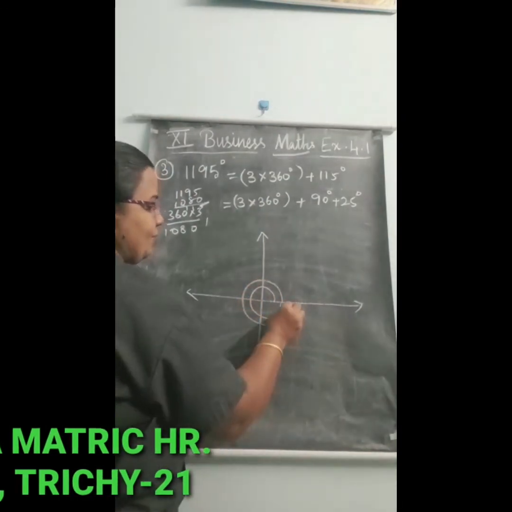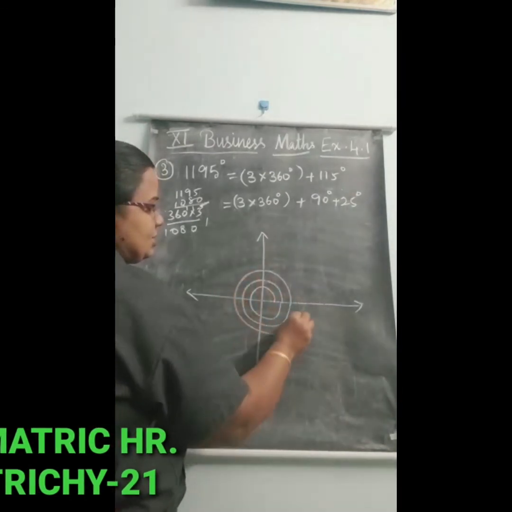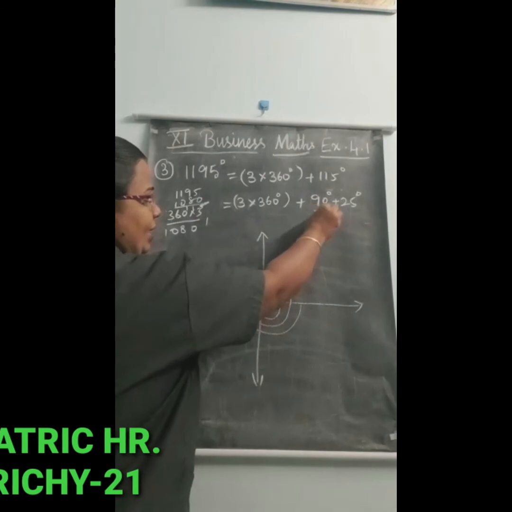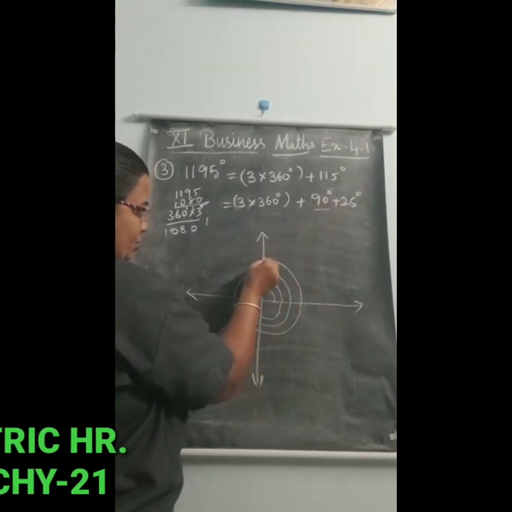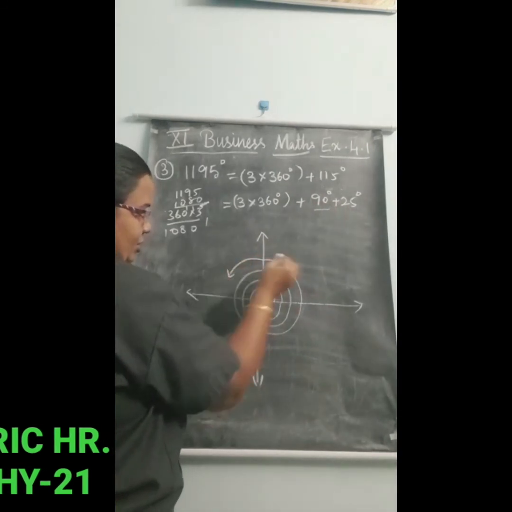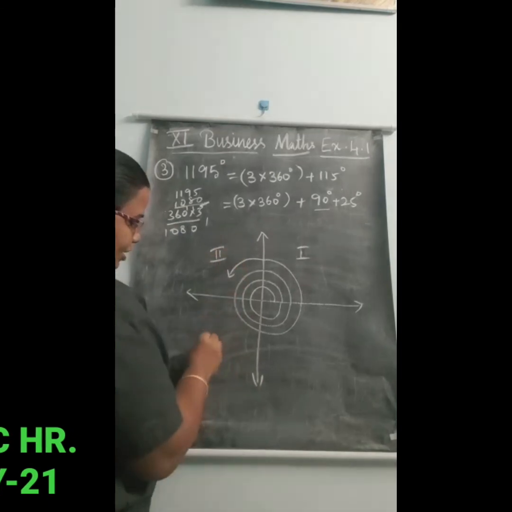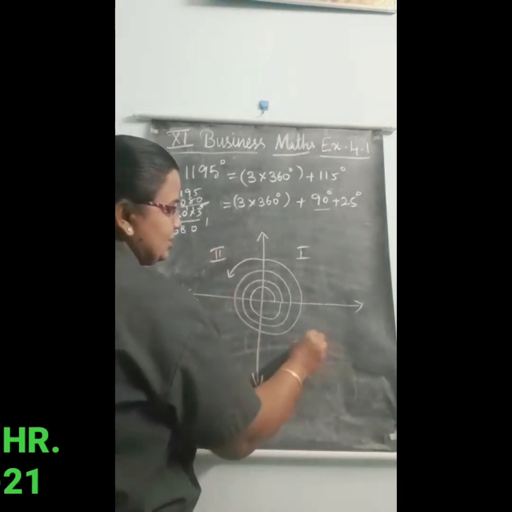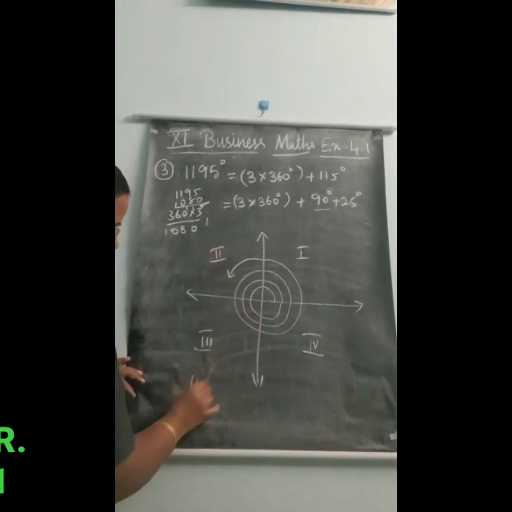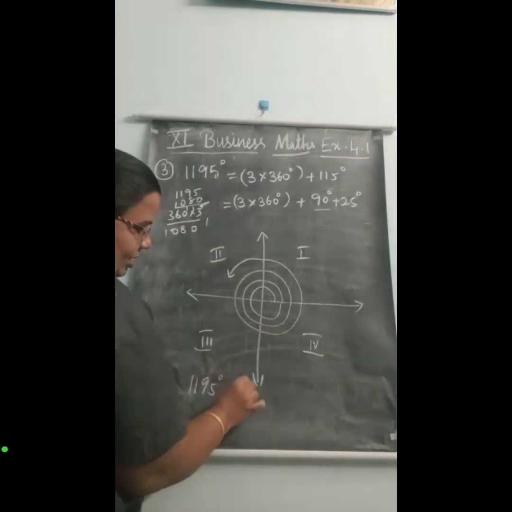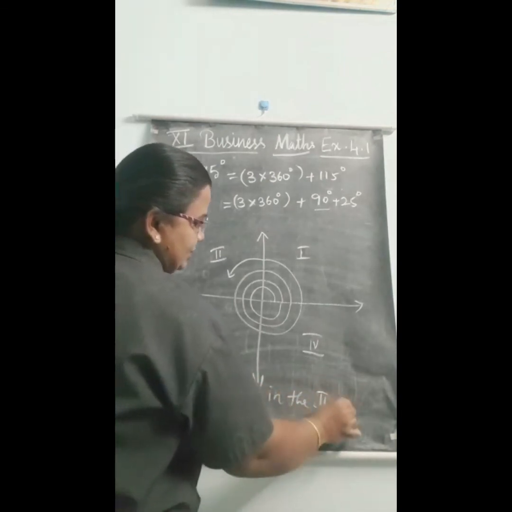This is the second completion of 360, and the third completion of 360. Then 90 is taken here, and 25 comes in the second quadrant. Here first quadrant, second, third and fourth quadrant. So it is in the second quadrant. So 1195 lies in the second quadrant.